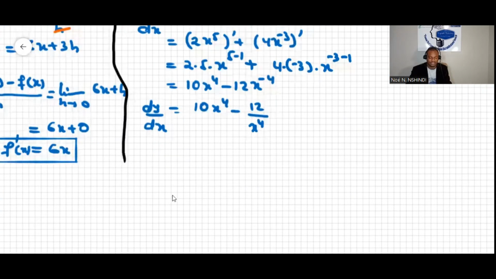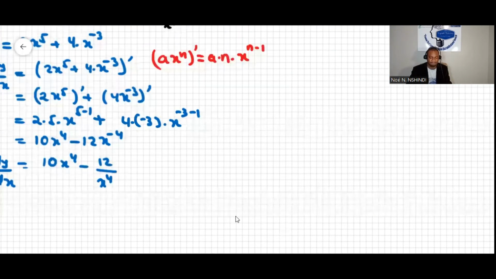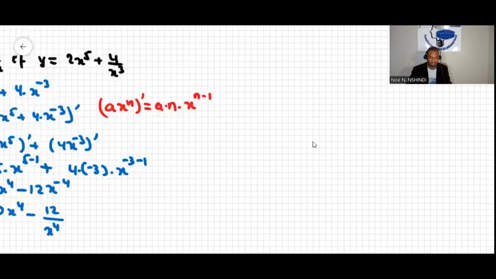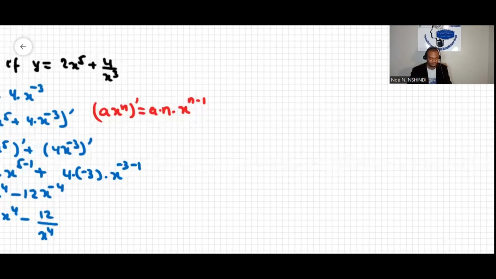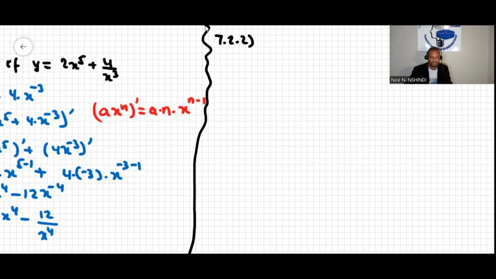I'm going to write it here. 7.2.2: y equals, open brackets, square root of x minus x squared, all to the power of 2. So we need to find dy/dx.